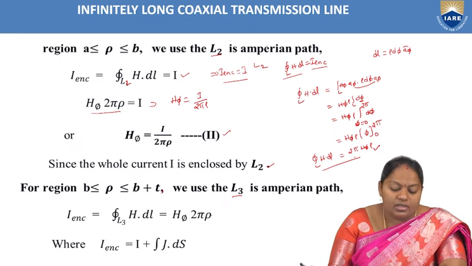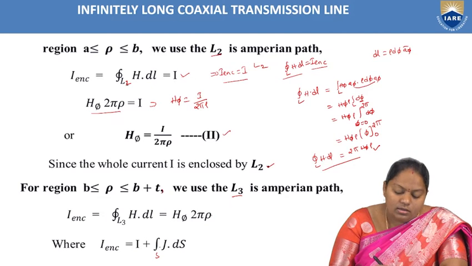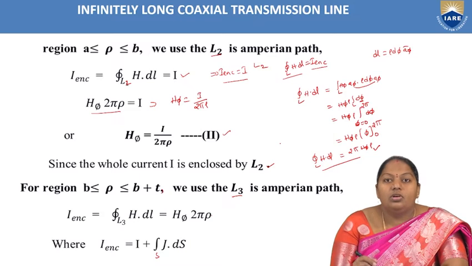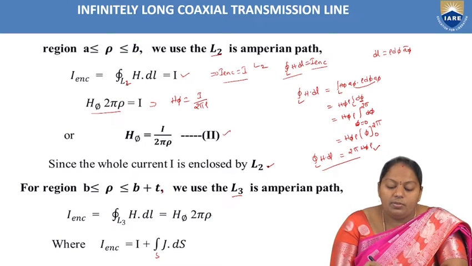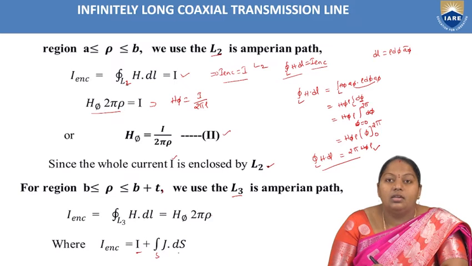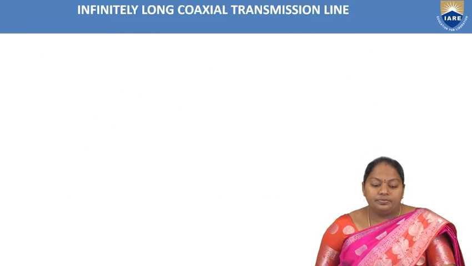Here I enclosed is equal to I plus the integral over S of J dot dS. Why? Because up to path L2, the total current enclosed is I. Now, coming to path L3, along with this I, we consider the current density, so I plus the integral of J dot dS is the total expression for I enclosed.